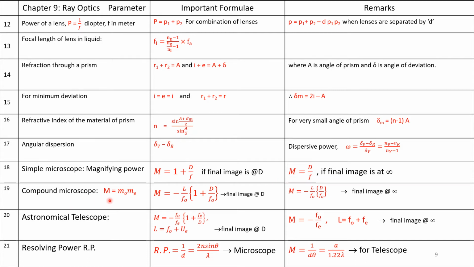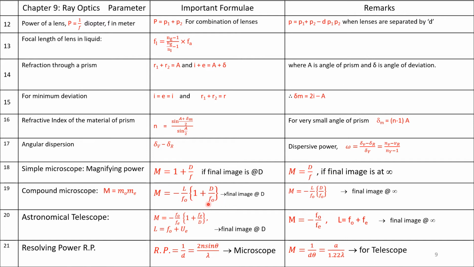Compound microscope. Capital M is given by Mo into Me, where Mo is the magnification of the objective and Me is the magnification of the eyepiece. This is given by the formula M is equal to minus L over Fo into (1 plus D by Fe).